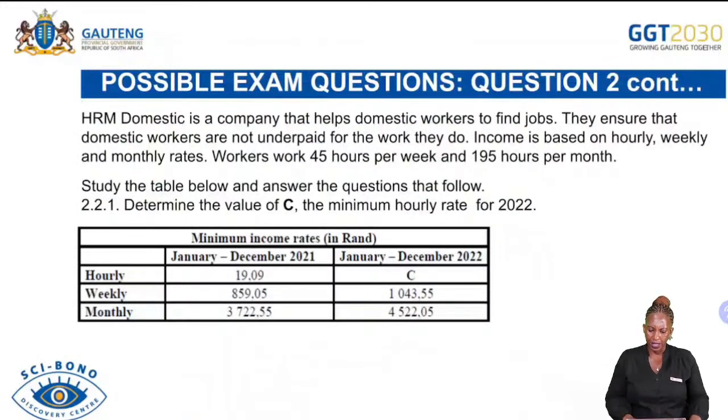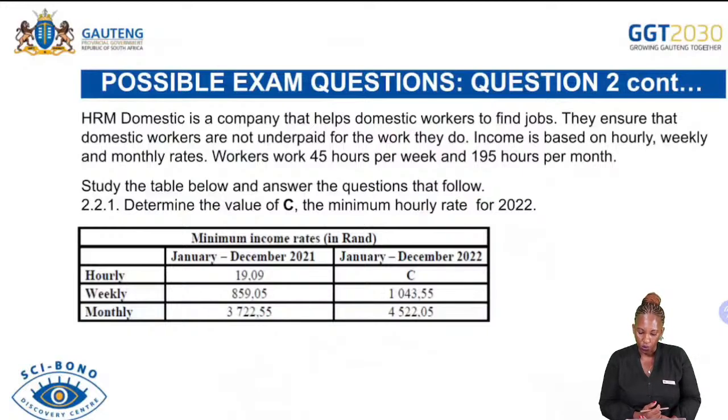Now let's continue, boys and girls. Now we are doing multiple questions, how the examiner asks questions in the exam. Now let's have a look at this one. HRM Domestic is a company that helps domestic workers to find jobs. They ensure that domestic workers are not underpaid for the work they do.